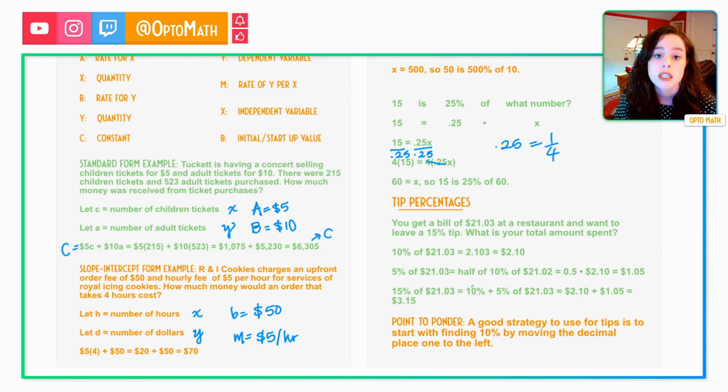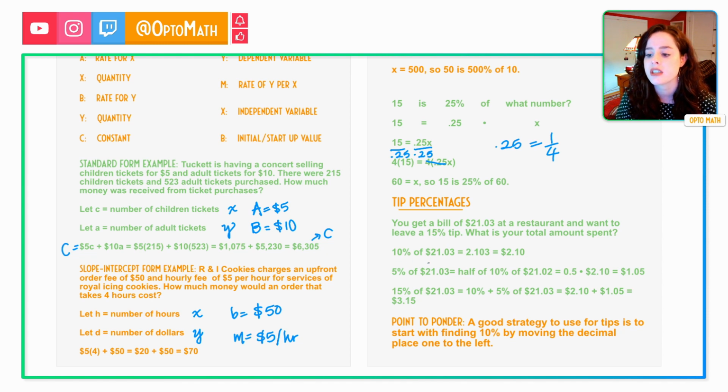So let's take a look at this one. You get a bill of $21.03 at a restaurant and want to leave a 15% tip. What is your total amount spent? So the way that I think is the easiest is to always go off of what 10% is, if you're doing this in your head.